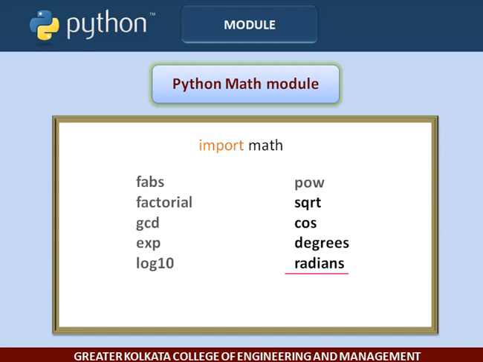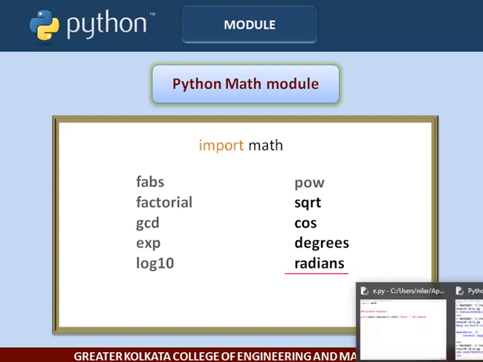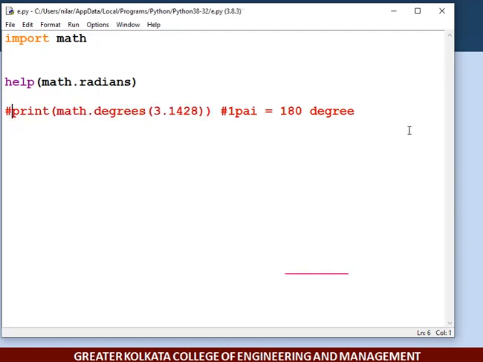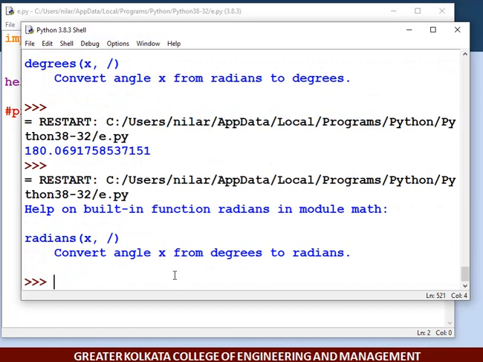Okay, the radians function is specifically used to convert into radians. Clear? It will convert into radians. Now run this one. Show the documentation. Degree to radian. Okay, from degree to radian. Clear?